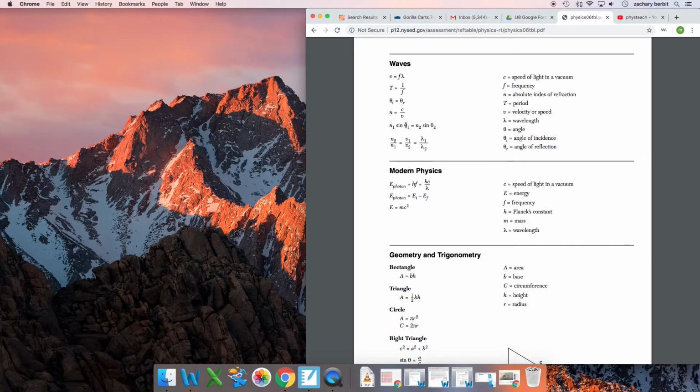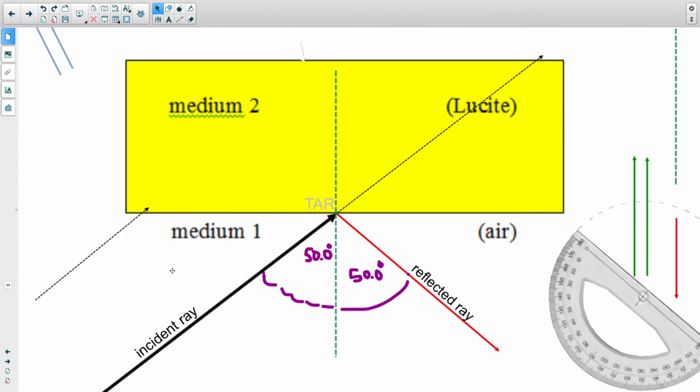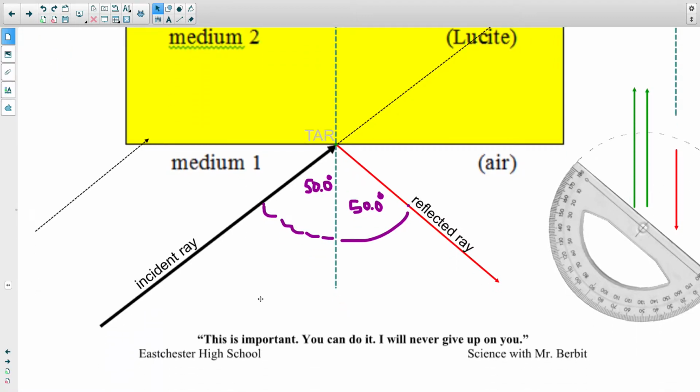Now, we're also going to have 2 different angles. That's your theta 1, that's your theta 2. So run your numbers. That's it. How do we do this? Let's scroll down here and do this one. N1 sine theta 1 equals N2 sine theta 2.